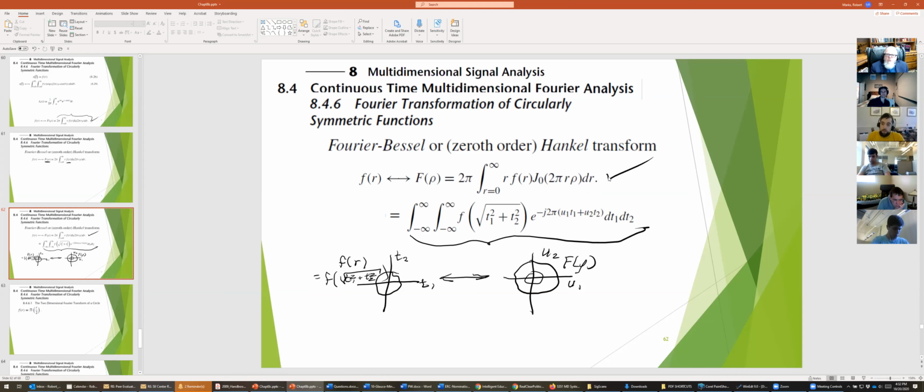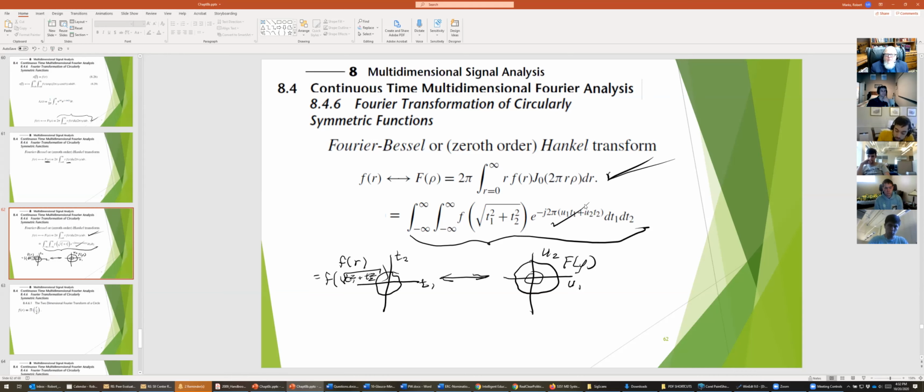It's just that this is usually easier to evaluate than cranking through all the math here, or even entering it into the Wolfram integral calculator or whatever. Plus, it gives us another transform to play around with, the Fourier Bessel or the Hankel transform.